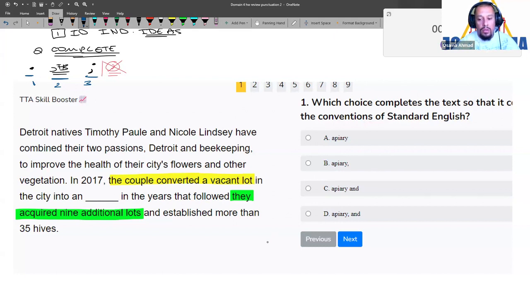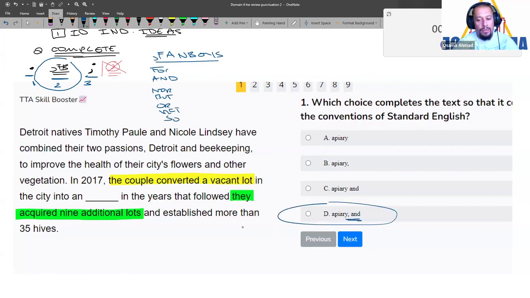So is it B? What's a comma fanboys, Mr. Omar? Can you review with me what a comma fanboys is? Fanboys are for, and, but, or, so, I think. So you don't see that here in D, comma and?